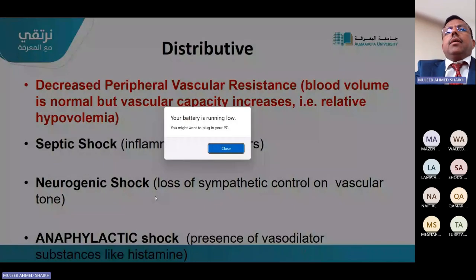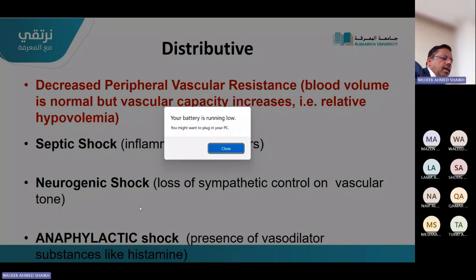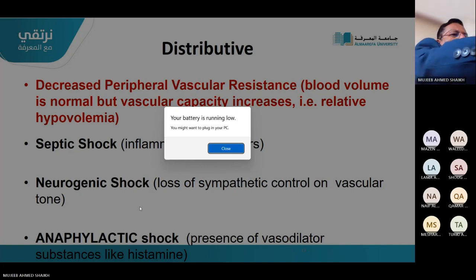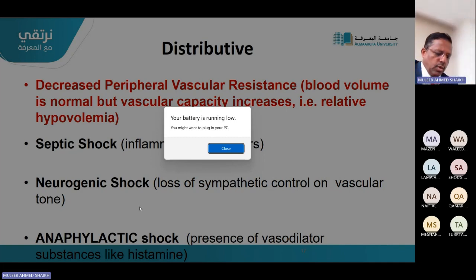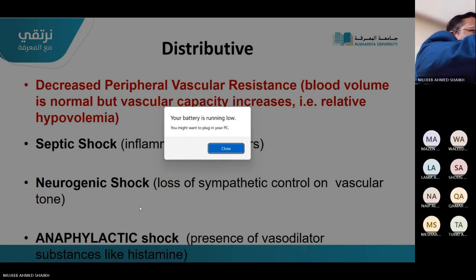And if the heart is not pumping the required amount of blood, it remains on the venous side, right? It will build up. The left ventricle is not pumping properly, so this will go back to the left atrium. From the left atrium, it will go to the lungs, so the lungs will also get congested.